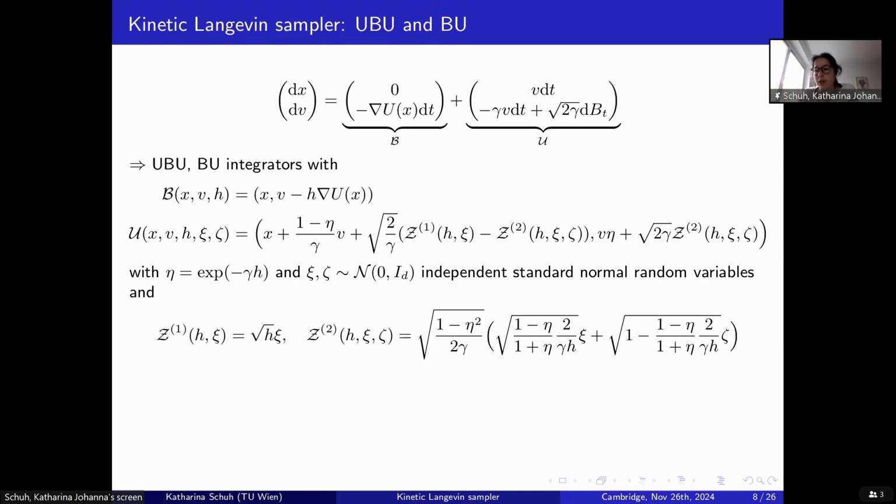So we have to keep in mind for later that we have here 2 standard normal random variables, but otherwise you don't have to remember these formulas. But there is an explicit formula, and it can be integrated exactly for these 2 schemes.